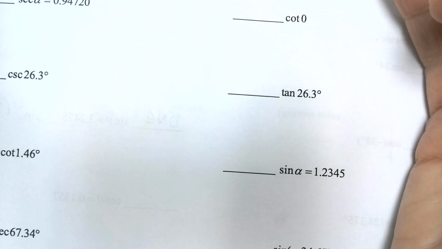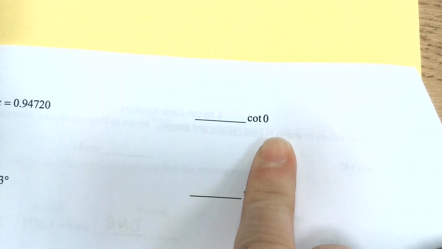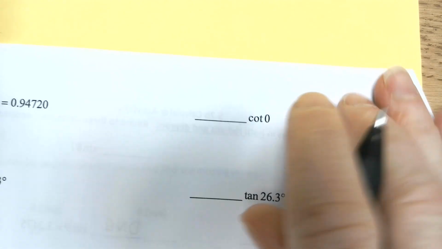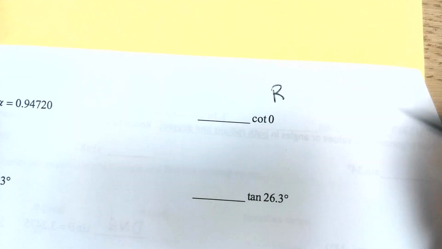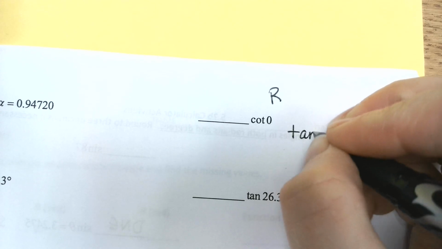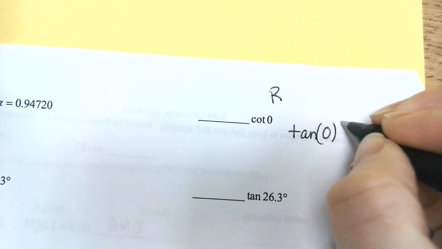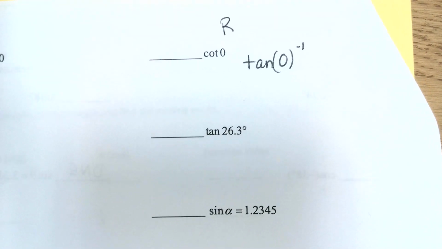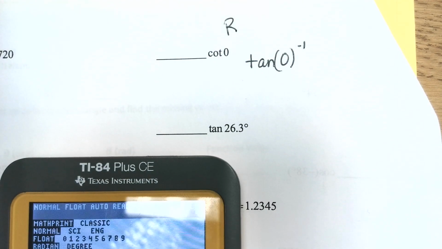Okay, let's do cotan of 0. So this is in radians. So we could do tan of 0 to negative 1. Make sure you're in radian mode.